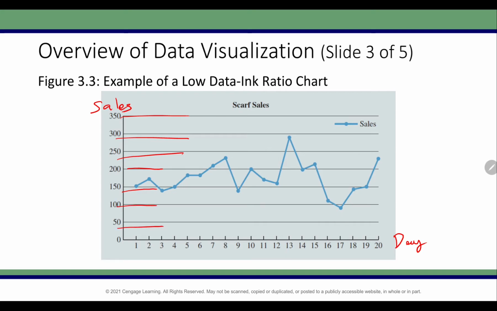Are they adding any value? Another thing that's kind of bothering me is all these tick marks. These are called tick marks here. Do we really need so many? So maybe we can skip. We can do something like 1, 3, 5, and then put a tick mark there, because we know that in between there is 2 and so on. So basically the data ink ratio is also quite low in this chart.